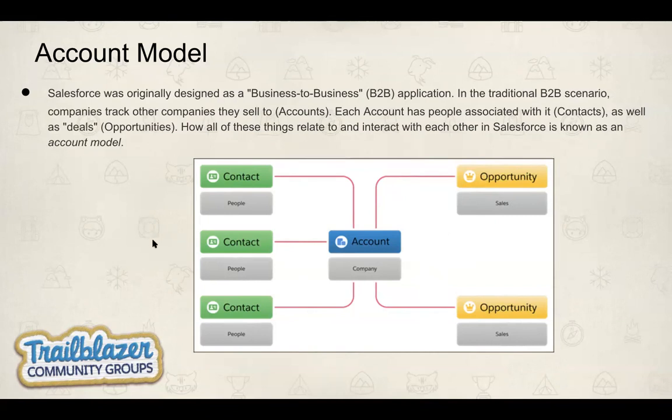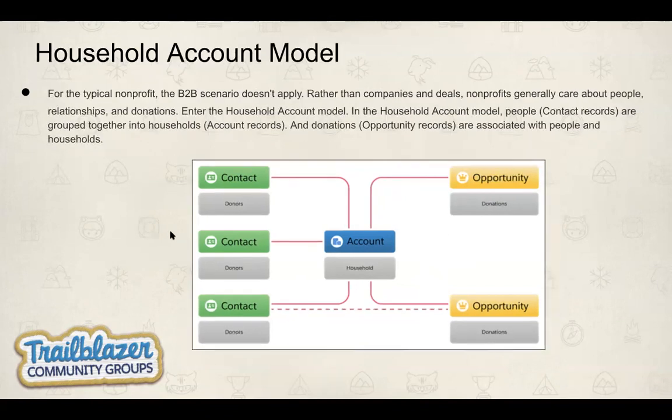Now, if I go ahead, this is the household account model that is available in Non-profit Cloud, right? Here you can see account will be treated as household, contacts will be treated as donors, and opportunities will be treated as donations, right?